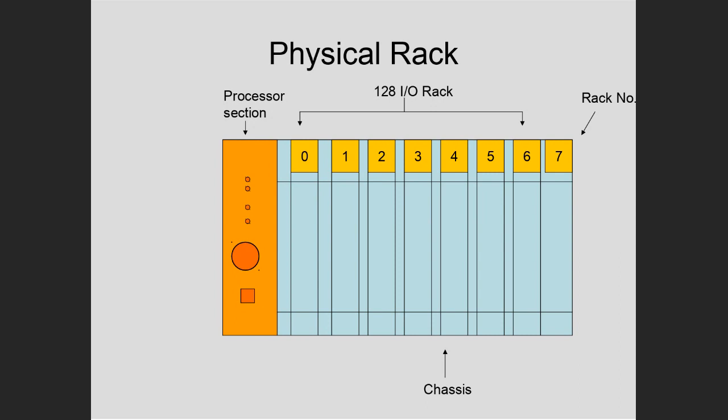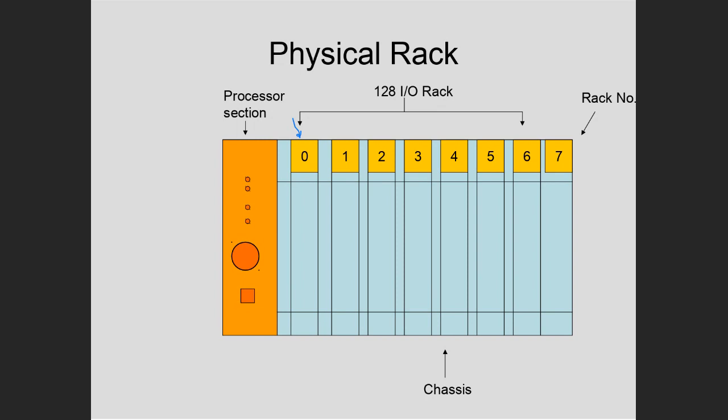This particular input module is going to have 16 connection points. So there are actually 16 physical screw terminals that you can unscrew and connect a switch or a button to. If you connect a switch or a button to one of those 16 connection points, that switch or button can either be open or closed.